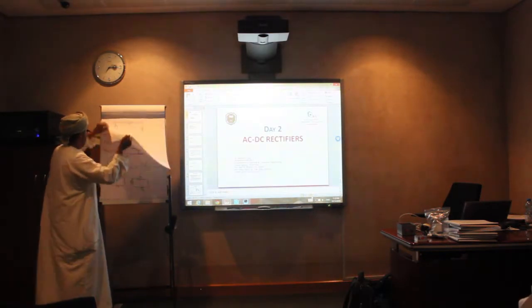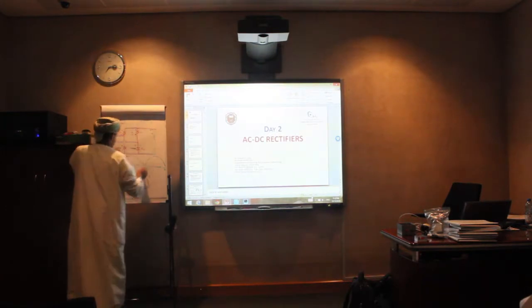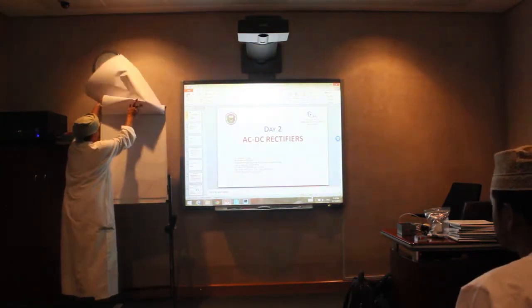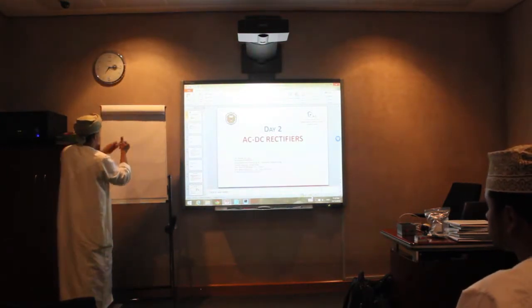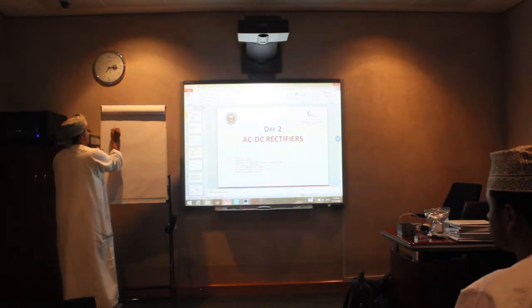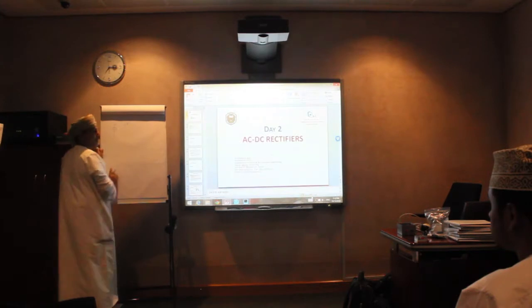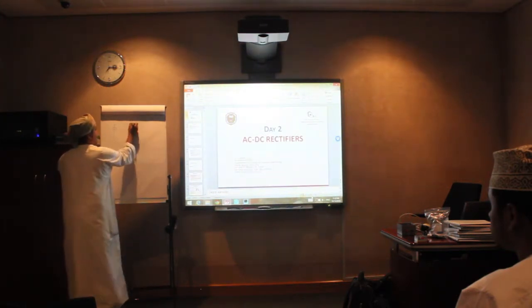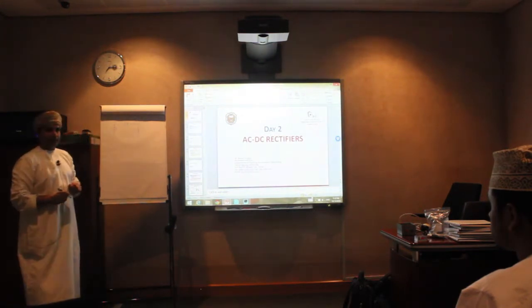For example, if this is the thyristor, let me give you an example with the thyristor. It is the same half-wave rectifier, but instead of the diode, I'm using a thyristor connected to a resistance like this.